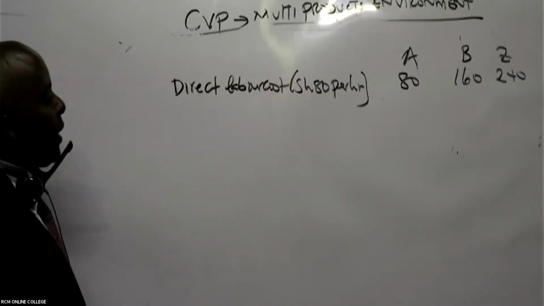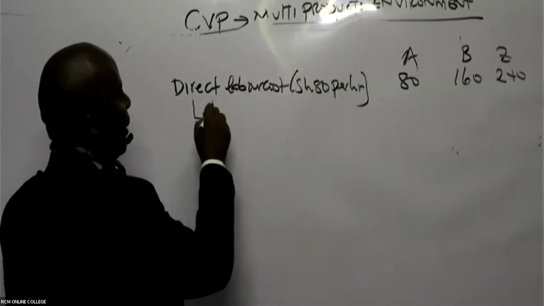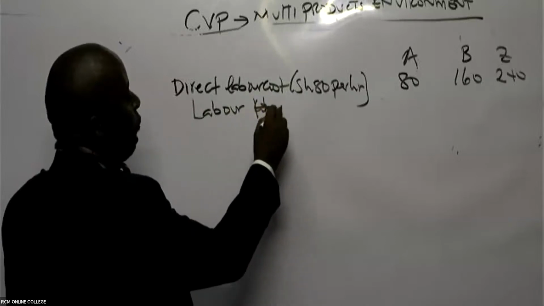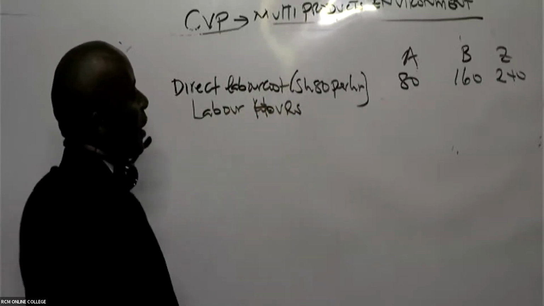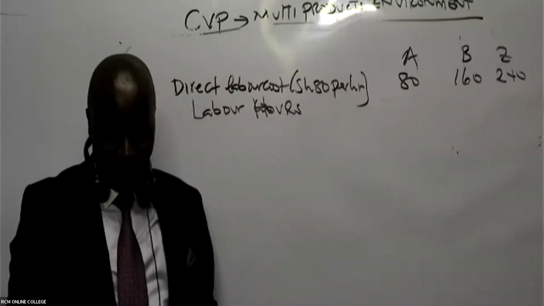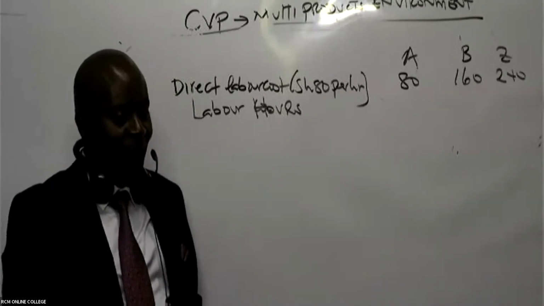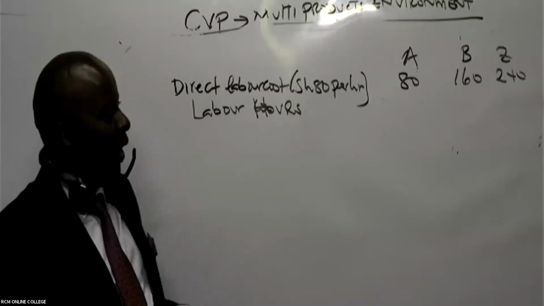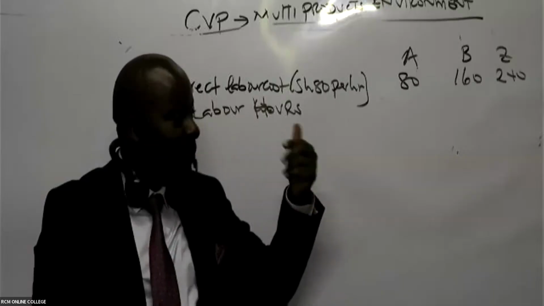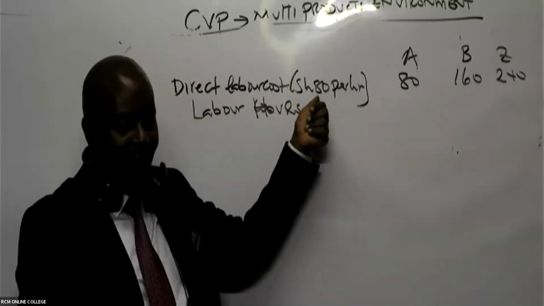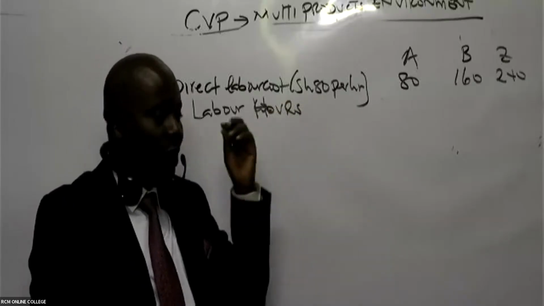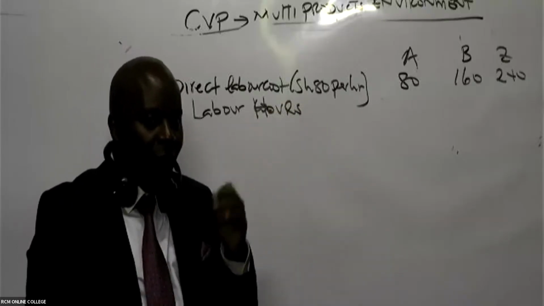Yeah, and I want labor hours. So can someone tell me, what do you think shall I do to be able to convert this labor cost into labor hours? We divide by, is it 60 or 80? It's 80 because we know that we are charging shillings 80 for each hour.